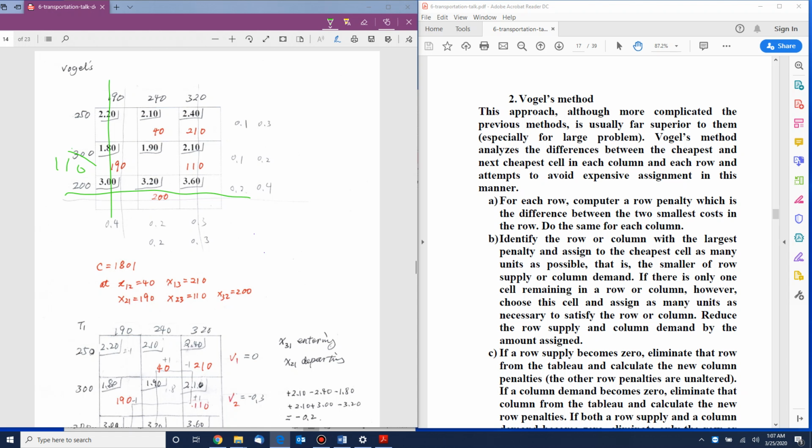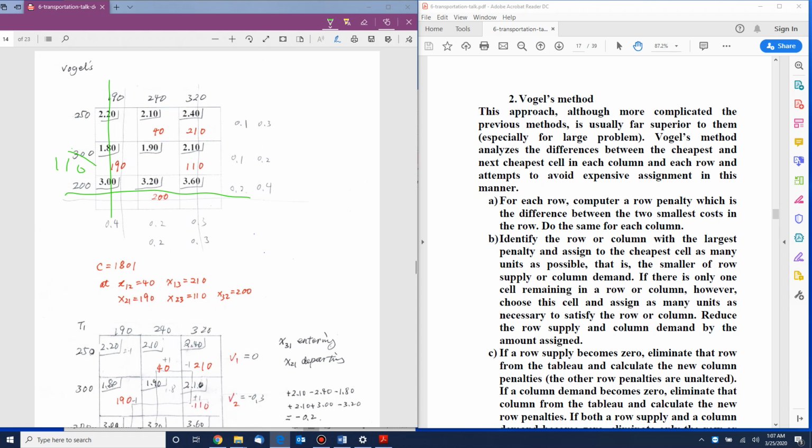So here, for example, we may choose the third column to work out. So one is 200, 2.10, okay, the price, and we have 110 left in source 2, and here we need 320.